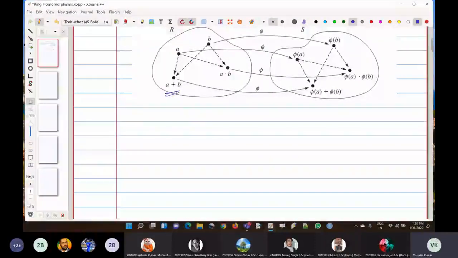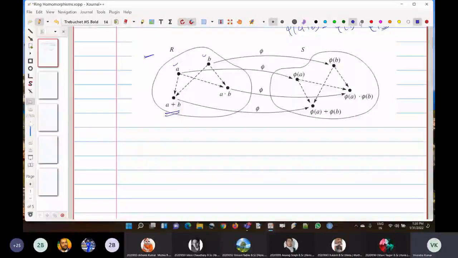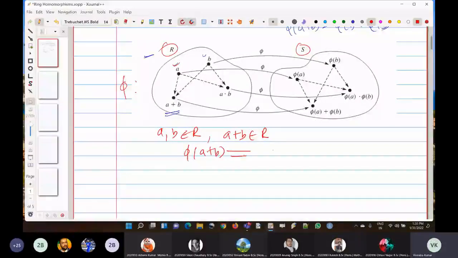Suppose there are two rings, R and S, and a and b belong to R. Then because R under plus is an abelian group, a plus b is also going to be a member of R. So we can talk about phi, suppose we are defining some function phi from R to S. This function phi takes a plus b, and this equals phi of a plus phi of b.